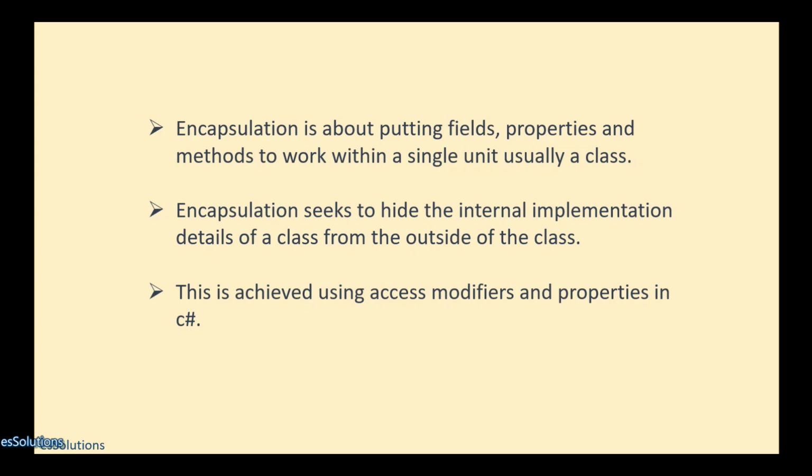We have already seen this in action in C#, where we saw a class, and within the class we had fields, we had methods, and all of that. That is basically encapsulation. The class is encapsulating the fields and the methods, that is the actions and characteristics.